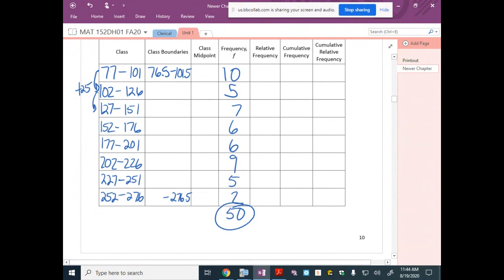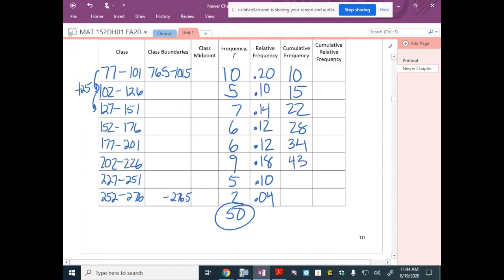So the relative frequency, we would be dividing each of these by 50. The cumulative frequency, 10, 15, 22, 28, 34, 43, 48, and 50.